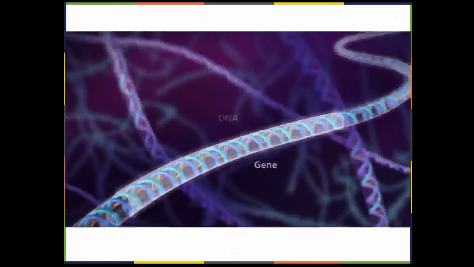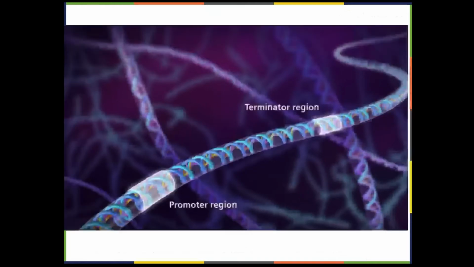Let's look at this process in a little more detail. So here we have a gene. That's a certain region on a strand of DNA that codes for a particular product. On that gene, we have a promoter region and a terminator region. The promoter region is where the synthesis of the messenger RNA is going to begin, and the terminator region is where it's going to stop.